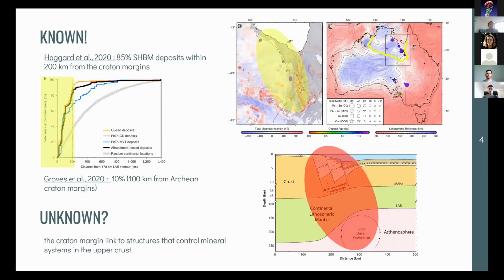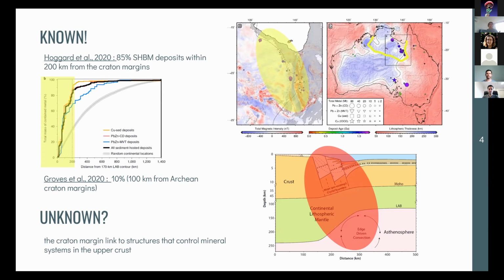There is a lot of research around this topic. In one of the most recent papers, by Hogarth in 2020, they identified a spatial correlation between sediment-hosted base metal mineral systems and craton margins, and showed that 85% of these mineral systems are within a 200-kilometer distance from the craton margin.